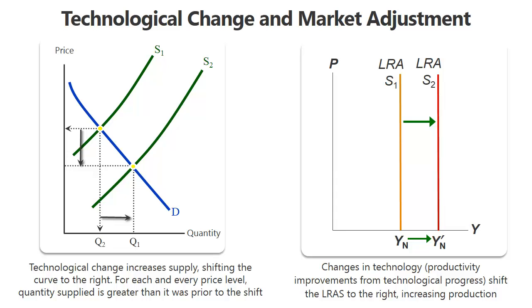Quantity supplied will be greater than it was prior to the shift for each and every price level. In the long run, changes that increase productivity due to technological progress always shift the long-run aggregate supply curve from S sub 1 to S sub 2, increasing general output from Y sub n to Y sub n prime.